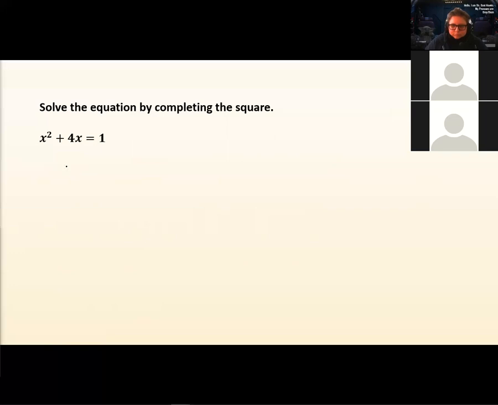Should we try to get it to equal 0? We don't when we're completing the square, but that is a good guess. If we were just trying to factor it, absolutely. I will tell you, this is not factorable, and that's why we're completing the square.